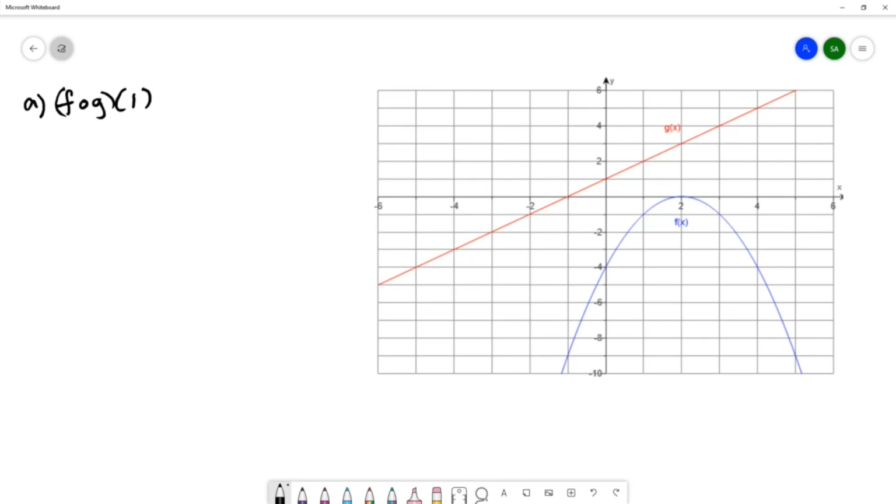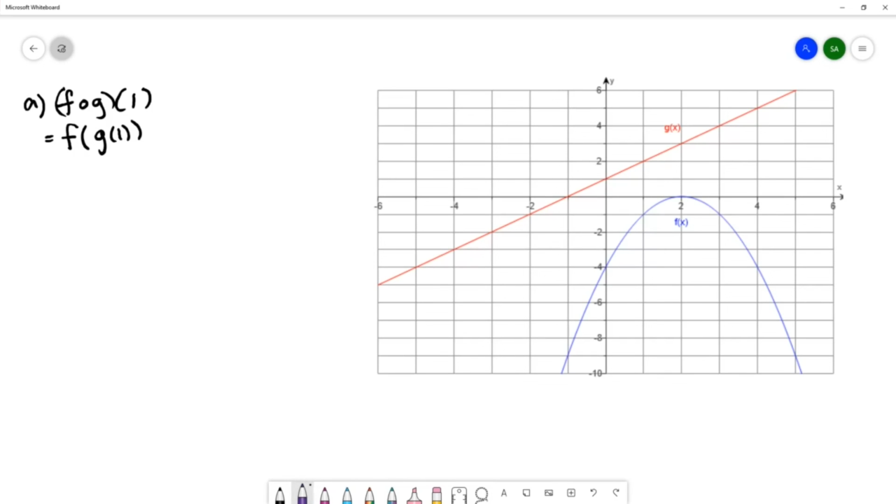Now this operation of composition is substituting one function inside of another function. So what that means, we're going to rewrite it with that idea in mind. F is our outside function and g is our inside function. And we're going to start on the inside by finding g of 1.